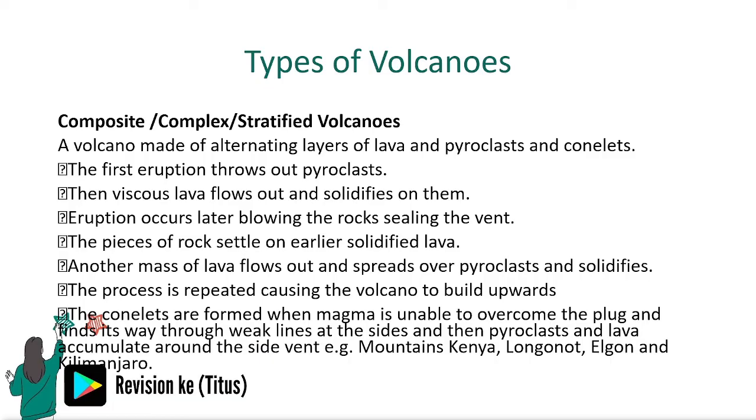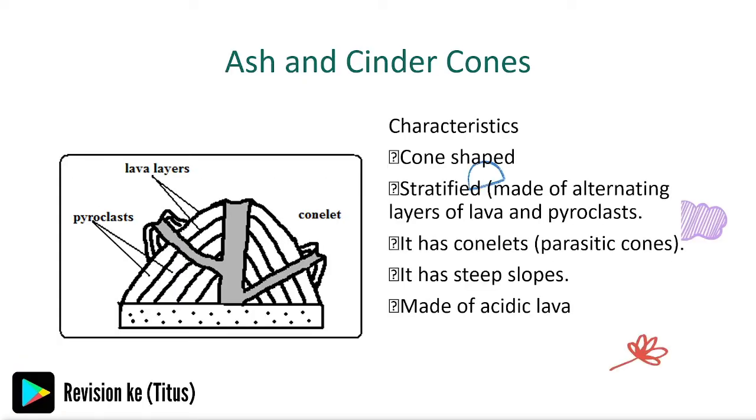An eruption occurs later, blowing the rocks, sealing the vent. So the pieces of rock settle on the earlier solidified lava. Another mass of lava flows out and spreads over the pyroclasts and solidifies. This process is repeated, causing the volcano to build upwards. And that's why we can see it has many layers.